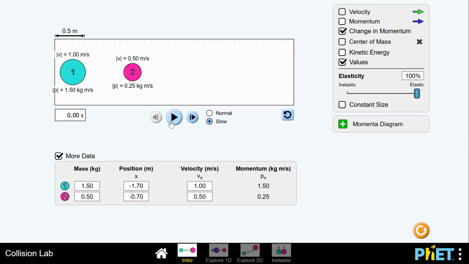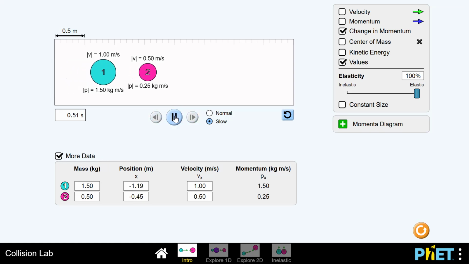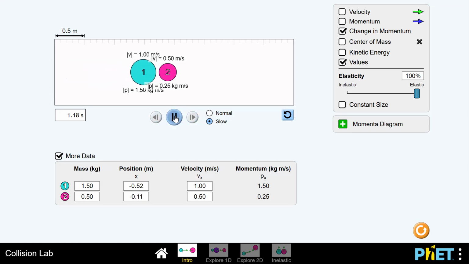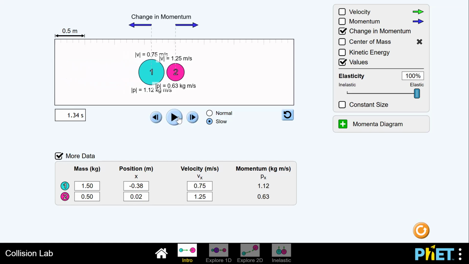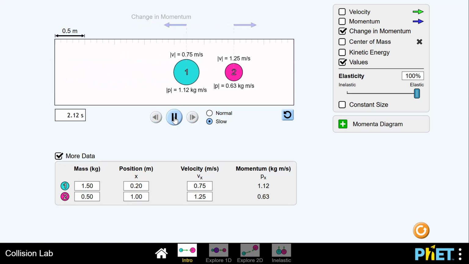Now you can see the objects come and collide. Collision happens. After that, you can see that the momentum changes.